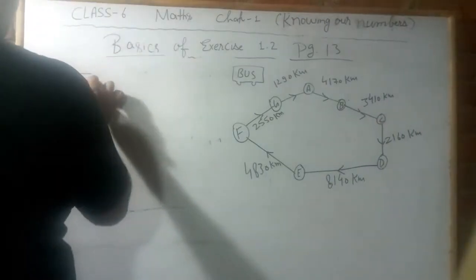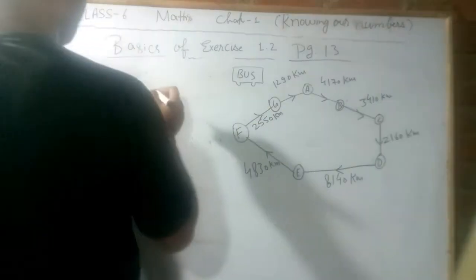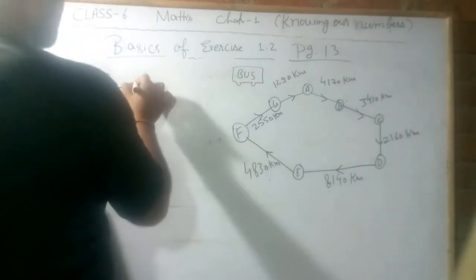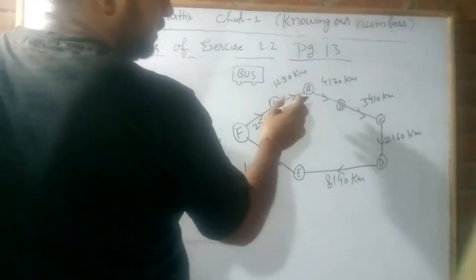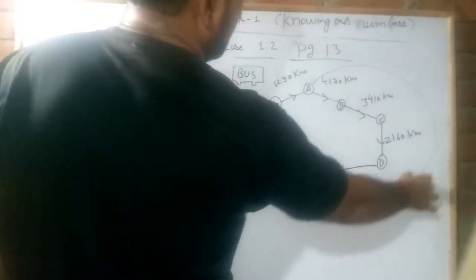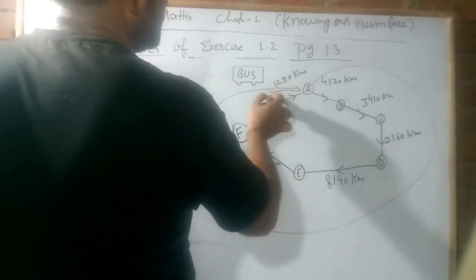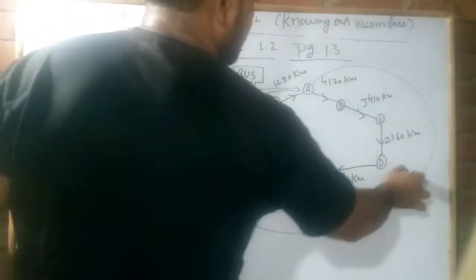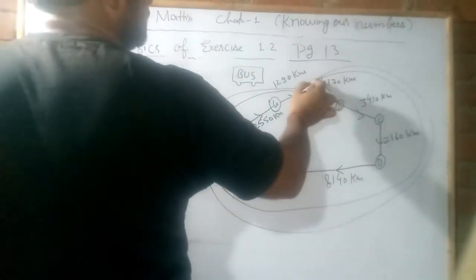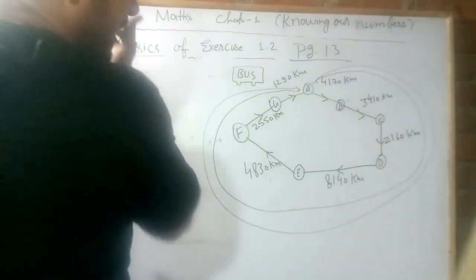Total distance. We have to find the distance from A like this, and again the bus is moving back. Got my point? Very simple, no issue. So first of all, we will add all the distances.